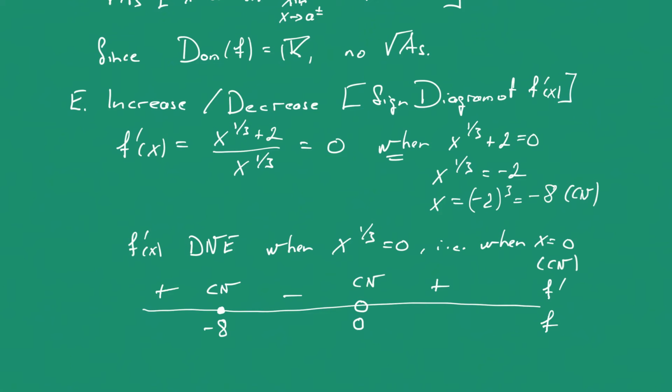And what that tells us is that f is increasing from -infinity to -8, decreasing from -8 to 0, and increasing from 0 to infinity. Because by the increasing-decreasing test, we know that a function is increasing when its derivative is positive and decreasing when its derivative is negative.